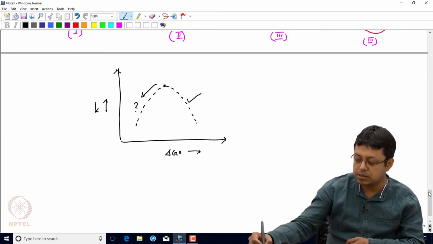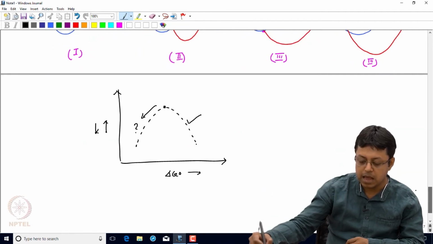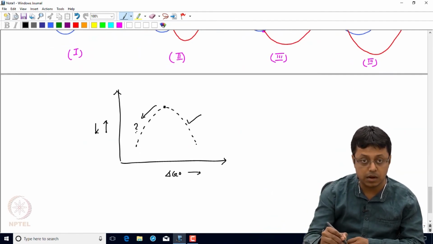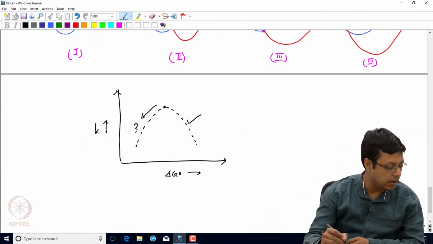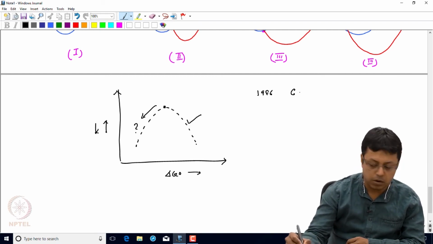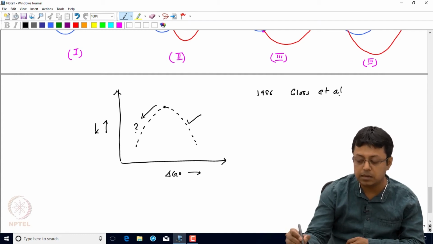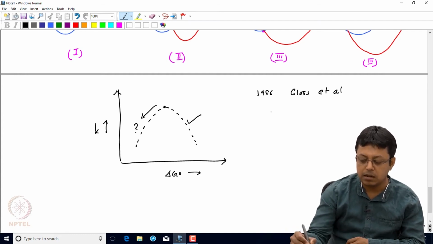And this is nicely explained in the way we derived the parabolas. This region was unknown until 1986 or so, when Closs and co-workers verified experimentally this inverted region.